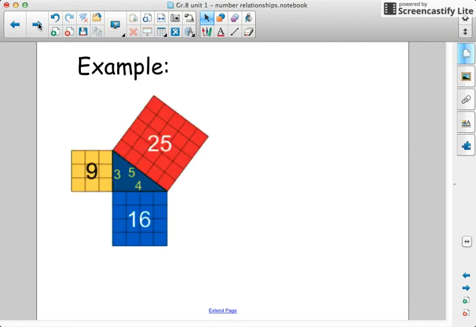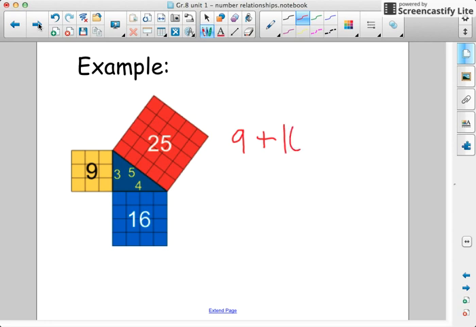So if we look at an example here, our right triangle has sides of 3, 4, and 5. Now the squares connected to them would have an area of 9, 16, and 25. So if you added 9 plus 16, you would get 25.